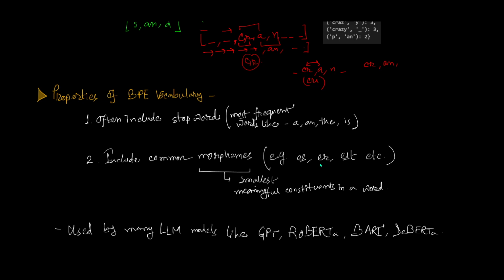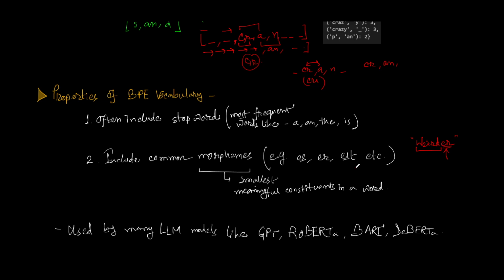What is the advantage? Suppose we have the word weirder. Suppose this word is not present in our vocabulary, but er will be present in our vocabulary. Why? Because er is a morpheme, and it has been used with a lot of words, so it will appear in our vocabulary.